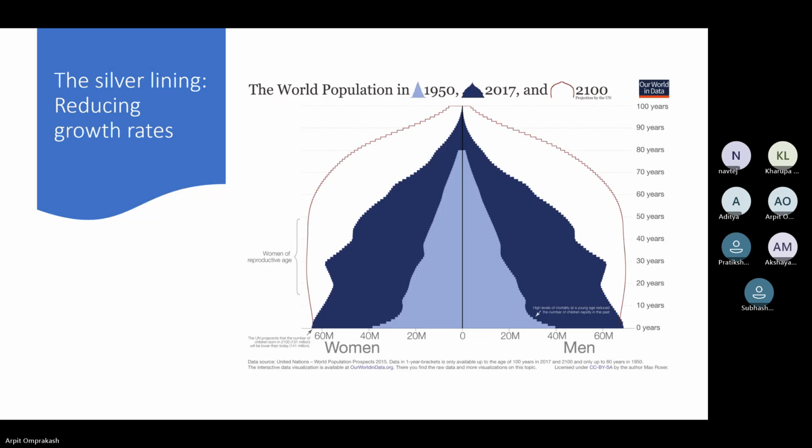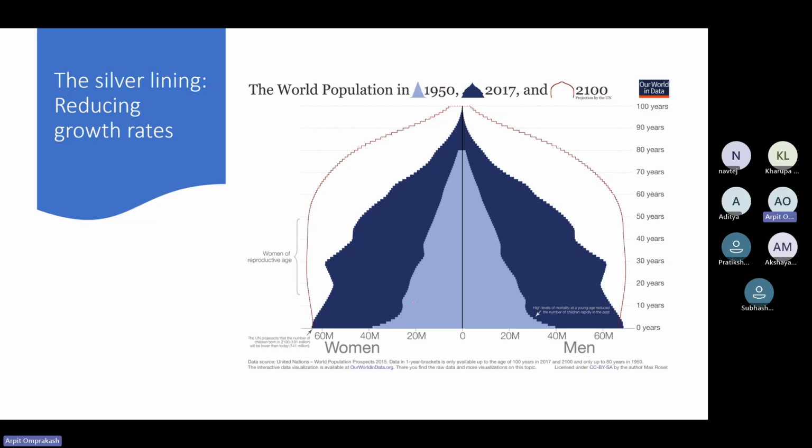So the other thing is the growth rate. These are three age pyramids. The first one is the inside one here, which is for 1950. The second one is the darker one, which is 2017. And the outline is 2100.